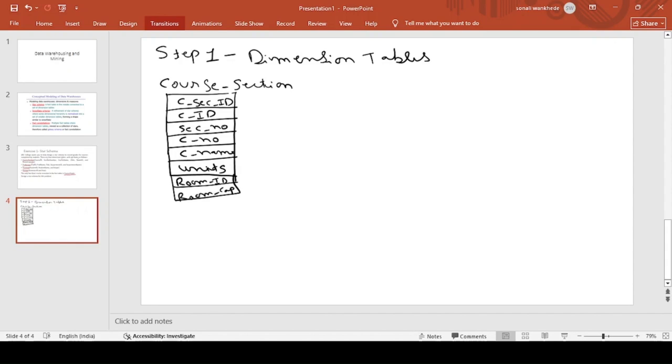These are the attributes which I can write in the first dimension table here.